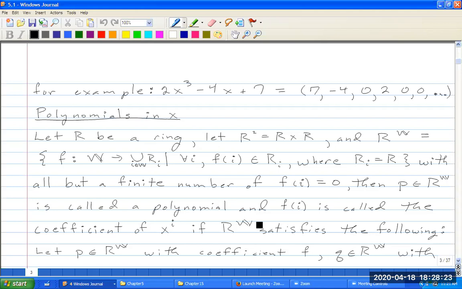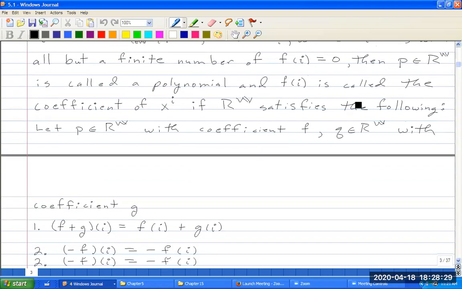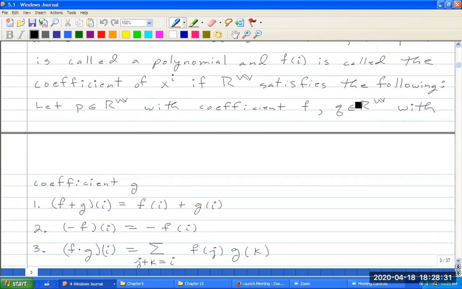So now we have to say, well, you can add and multiply and things of that sort. Let P be a member of R to the whole numbers with coefficients F and G.